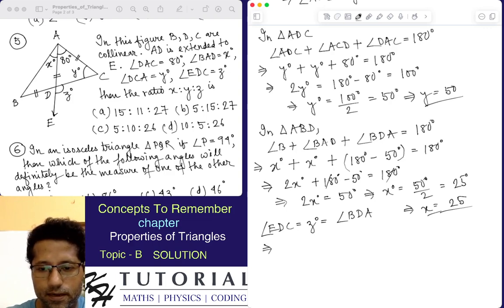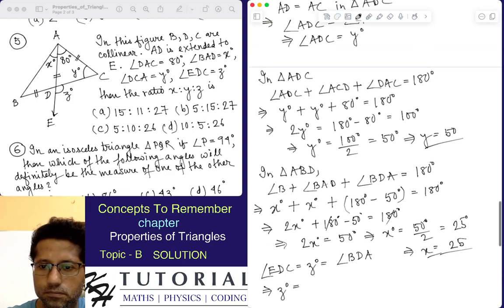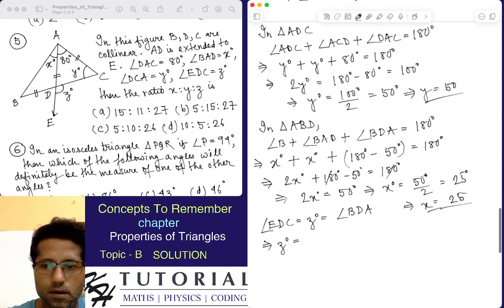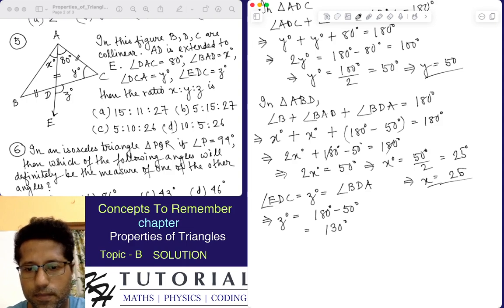From here z degree is equal to angle BDA, and angle BDA is 180 degree minus 50 degree. This is 130 degree.